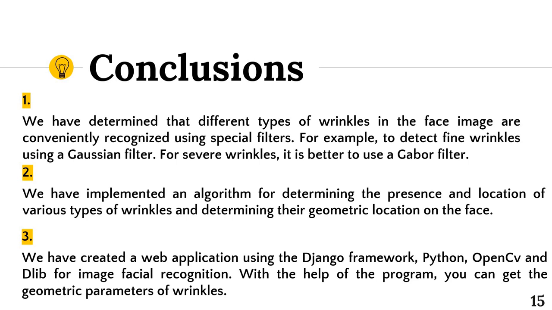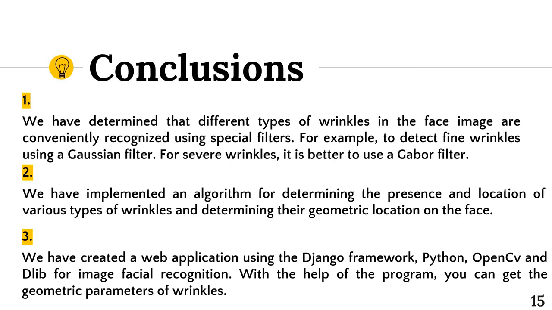In this paper, we have shown that different types of wrinkles on the face image are conveniently recognized by using special filters. For example, to detect small wrinkles, use the Gaussian filter. For strong wrinkles, it is better to use a Gabor filter. In our work, an algorithm for determining the presence and location of various types of wrinkles and determining their geometric location on the face is implemented.